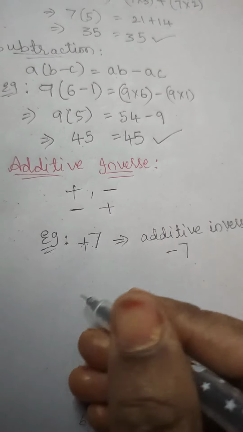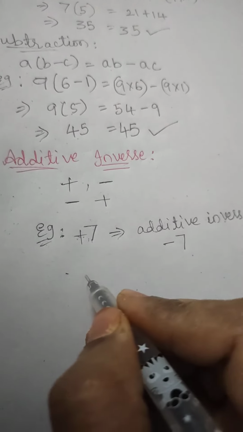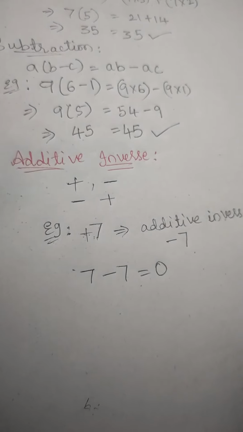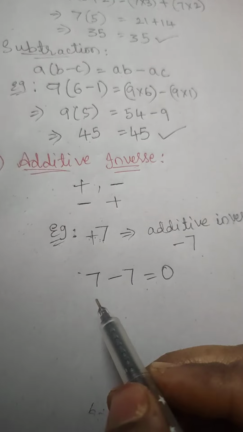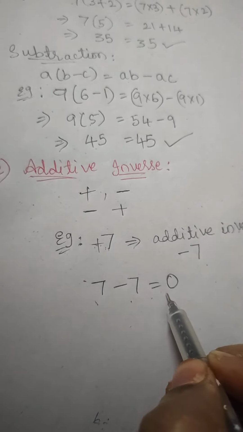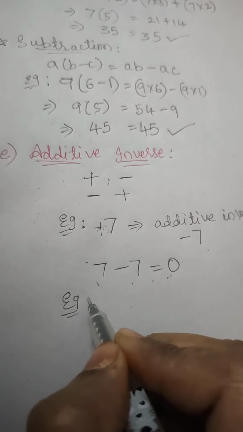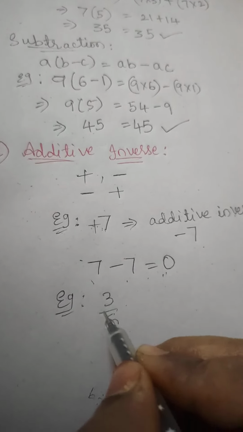Clearly we can say that if we add both values, then we should get 0. That is the additive inverse. For rational numbers, if we add the value with its additive inverse, then we should get the value 0. One more example: I can take the number 3 by 5.